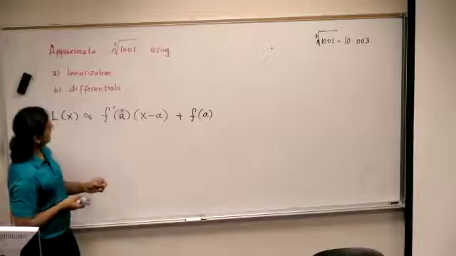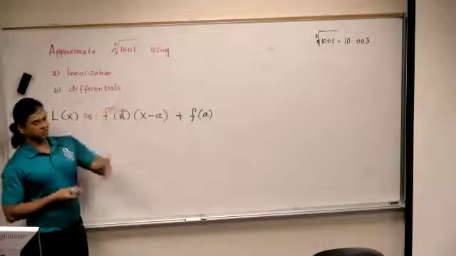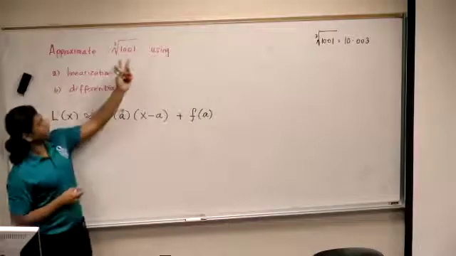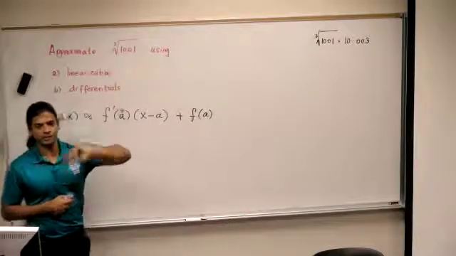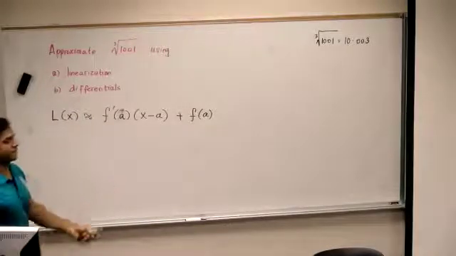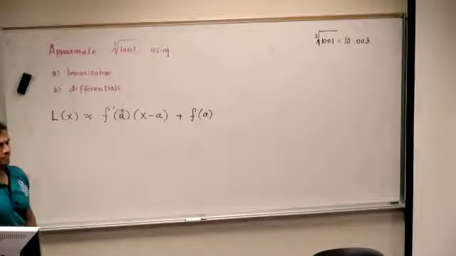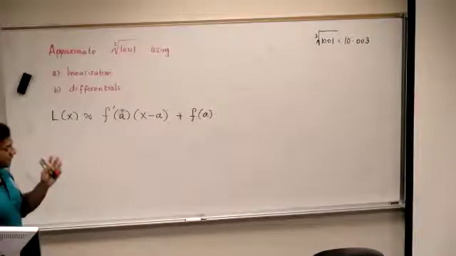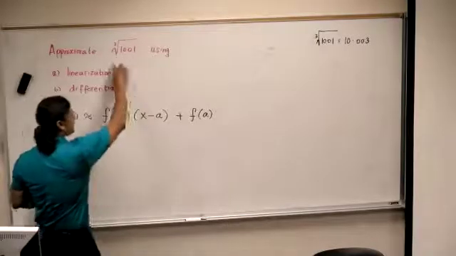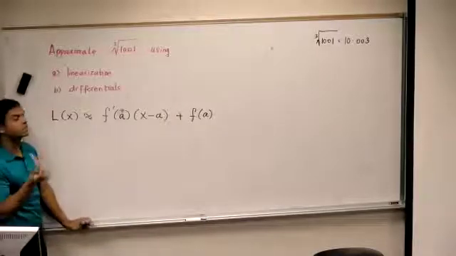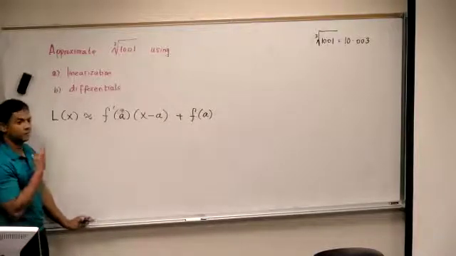Now, what function should you pick if you want to compute the cube root of 1001? You don't know? Suppose I want to find the cube root of 1001. What function is reasonable to use?